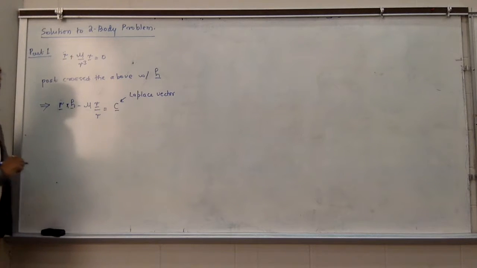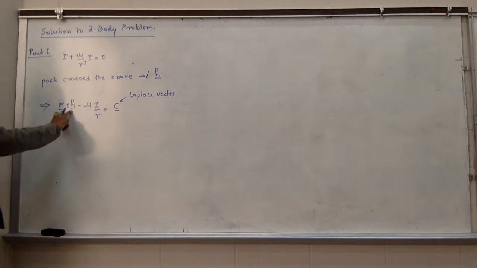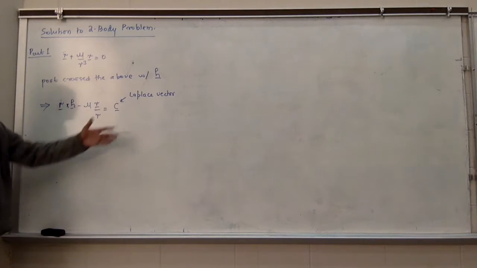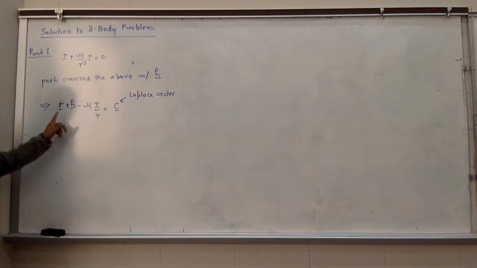Now what you should know about the Laplace vector is, and that's what I was trying to prove: what happens if you dot this with H? Where is this R dot vector? Now always think about the board as the orbital plane.